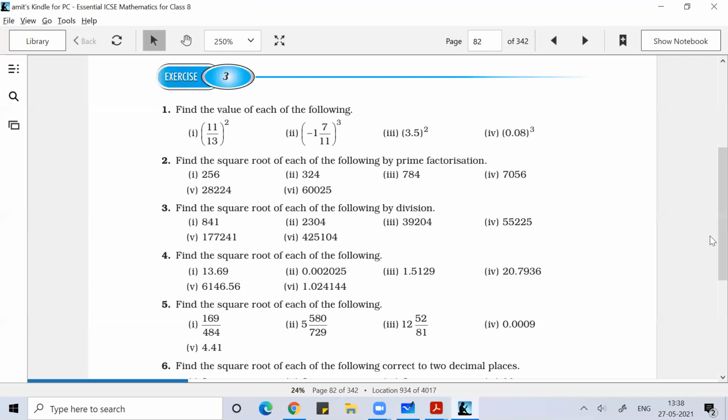Fourth one is 84 square. Fifth one is 164 square. Wrong. So sixth one is 245 square. That 164 square is wrong. Okay. Okay, sir.